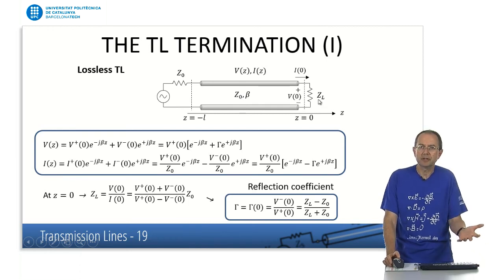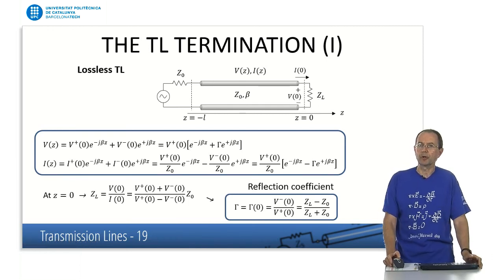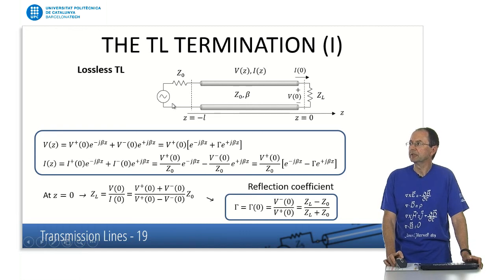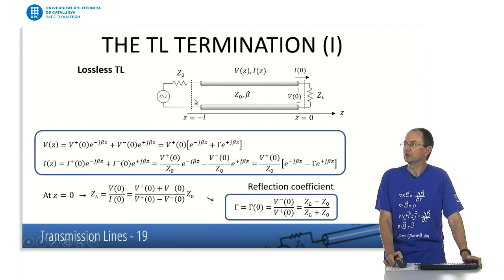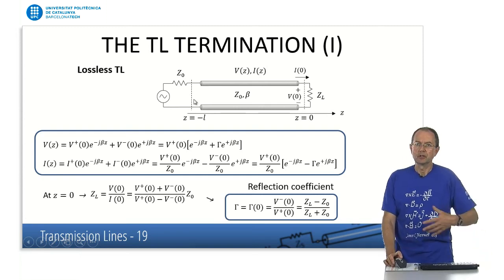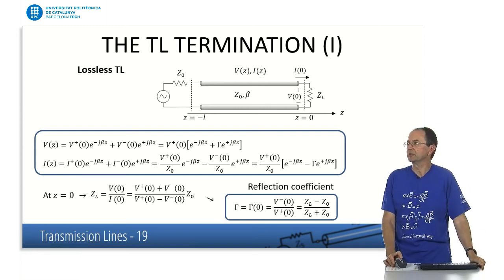If everything has the same impedance, there's no problem, because the signal supplied by the generator is going to find an impedance exactly the same as the generator. As we will see in a future lesson, this means maximum transfer of power is delivered to the line.